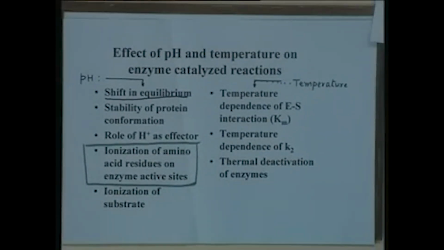The third effect of temperature on enzyme catalyzed reactions is the deactivation of enzymes. Just like the pH effects on the deactivation of enzymes, temperature effects are also mediated by an inactivation process.